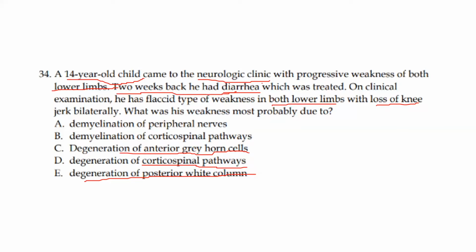And so that's kind of suggesting Guillain-Barré syndrome. Just to recap very quickly, in Guillain-Barré syndrome a patient will have an infection a couple of weeks ago, and then they'll start to present with progressive ascending weakness. It's an inflammatory syndrome where the immune system basically will start to target the myelin sheaths of the peripheral nerves.